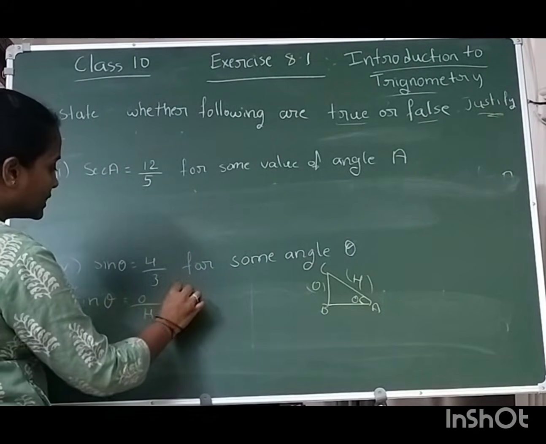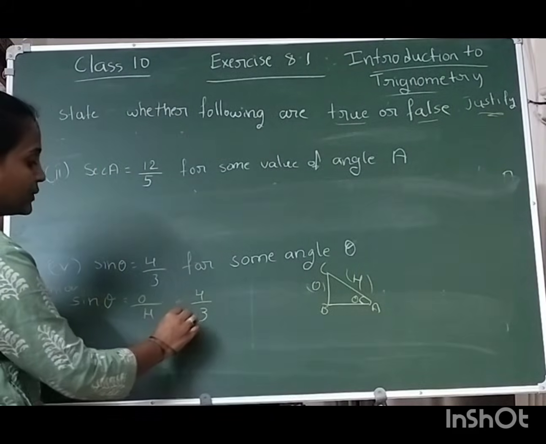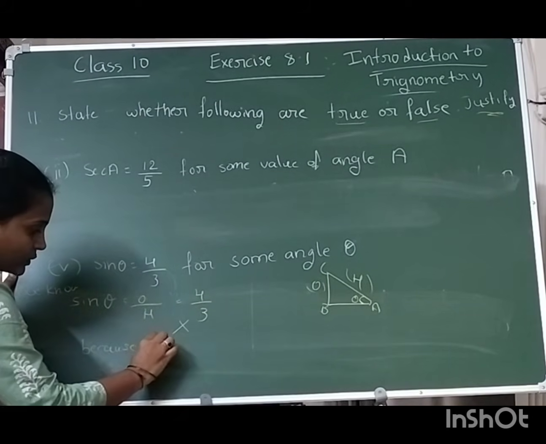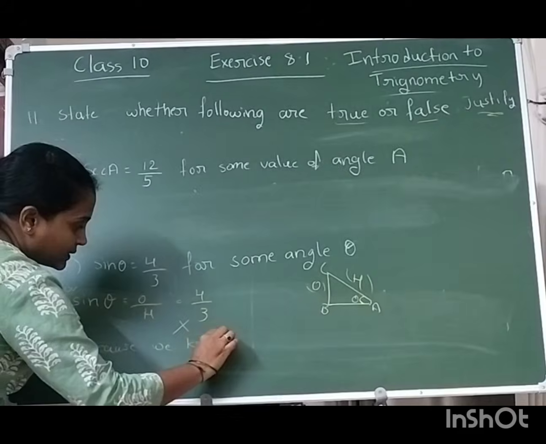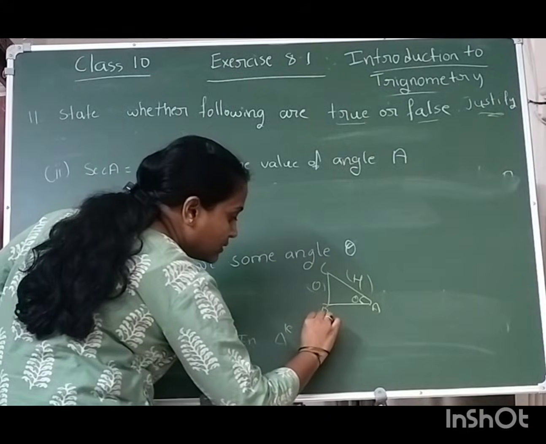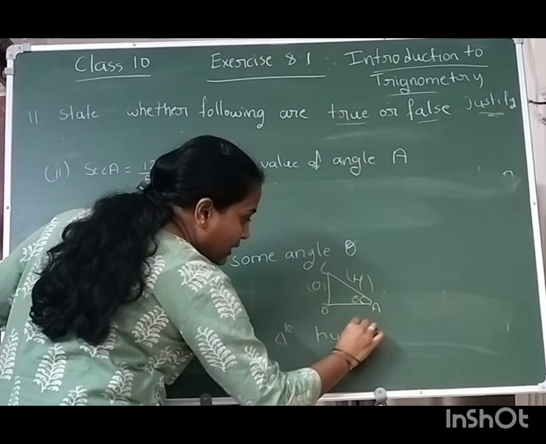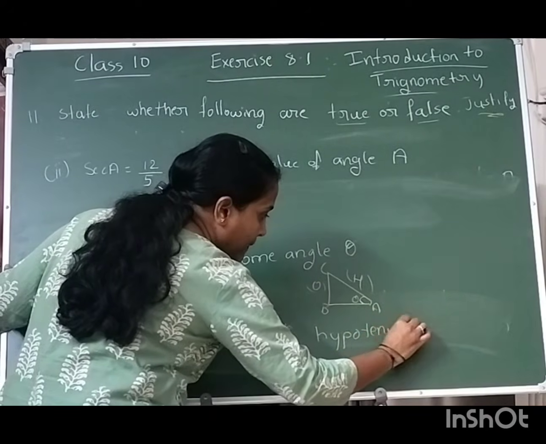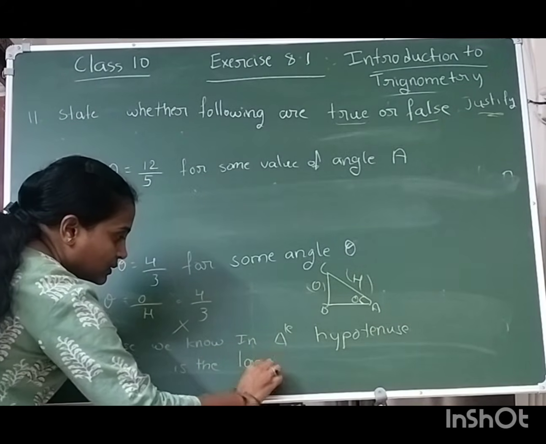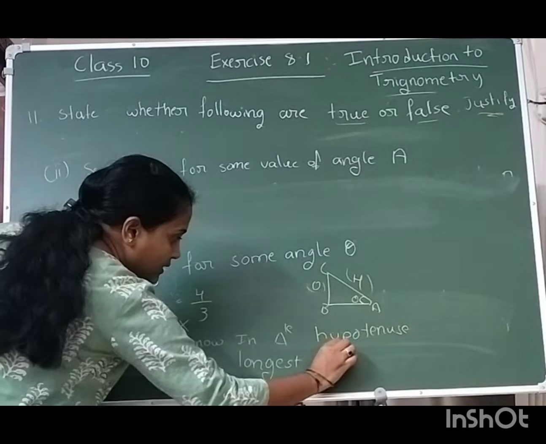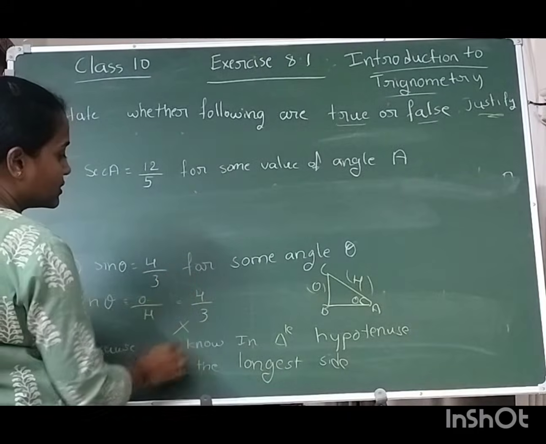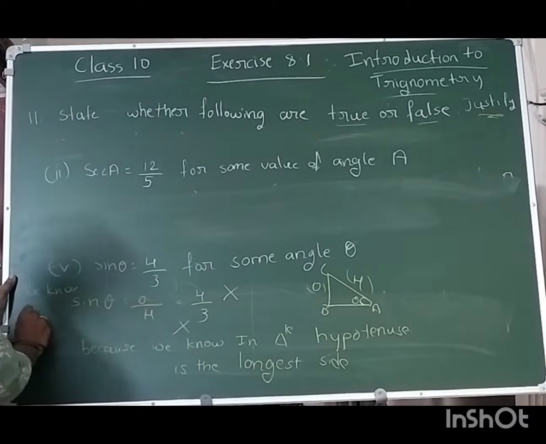So opposite here is 4 and hypotenuse is 3 as per the question, which is not possible because we know in a triangle the hypotenuse is the longest side. So as per this, opposite is maximum and hypotenuse is less. So it is wrong or false.